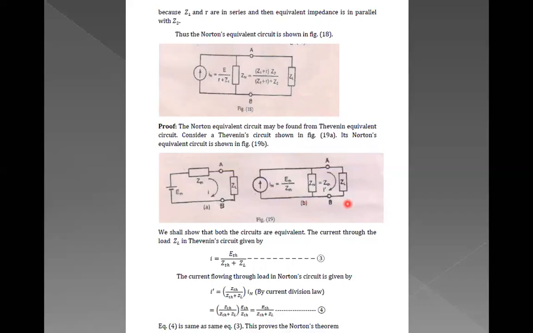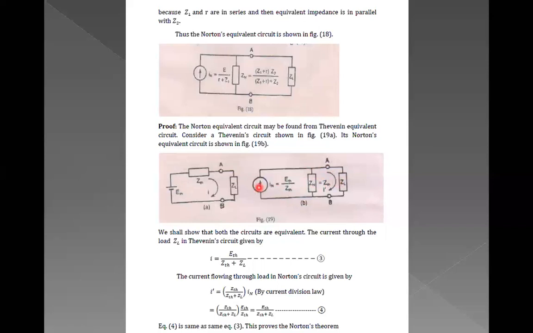How should the current be calculated here? These two are in parallel. By using the current division law, I dash is equal to ZTH by ZTH plus ZL into IN.